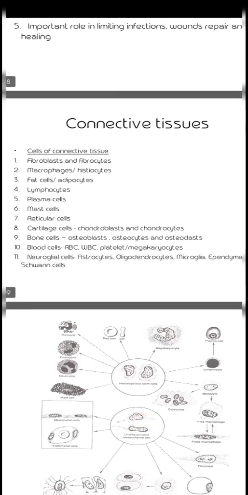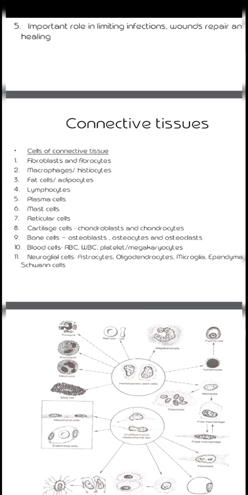Macrophages or histiocytes are white blood cells which help us fight infections. Fat cells or adipocytes are those cells where the fat deposition takes place in our body. Lymphocytes are white blood cells. Plasma cells are B lymphocytes, also known as plasma cells. They are also known sometimes as memory cells.